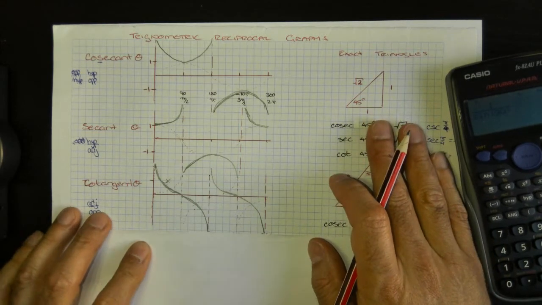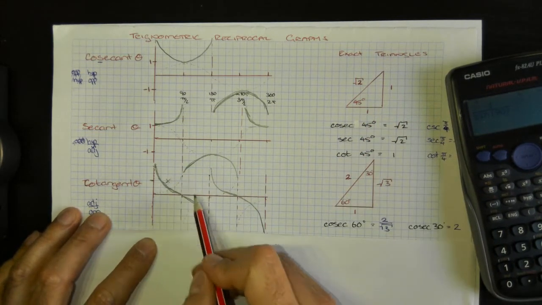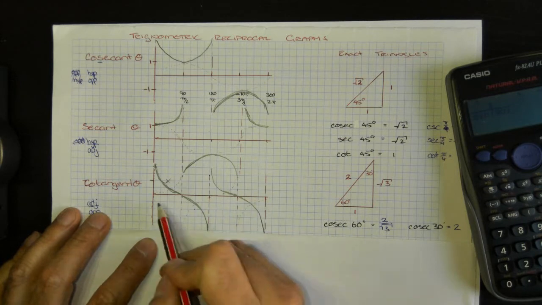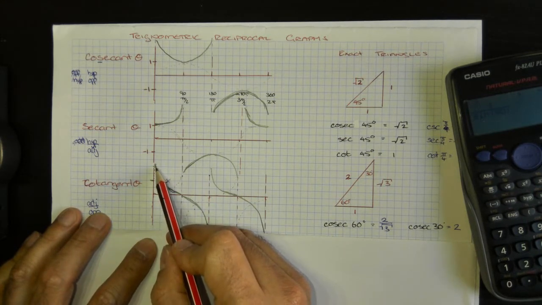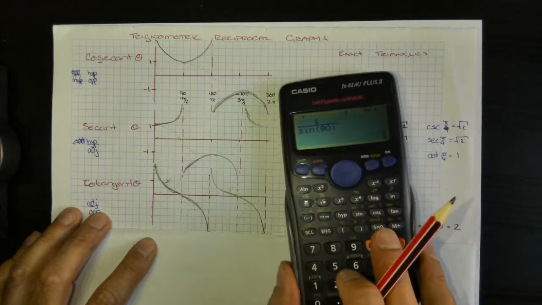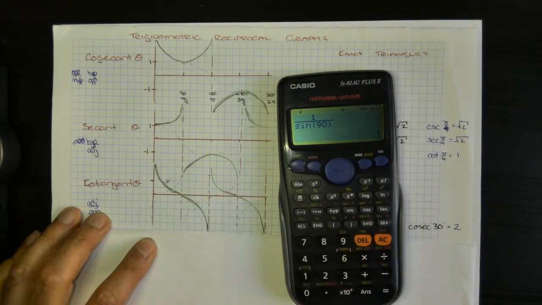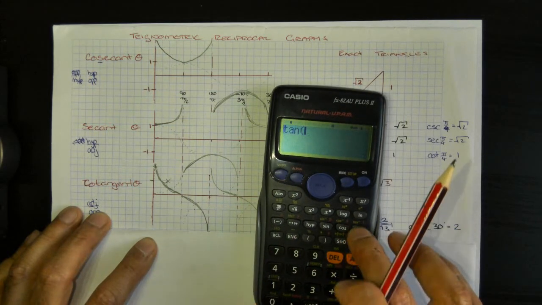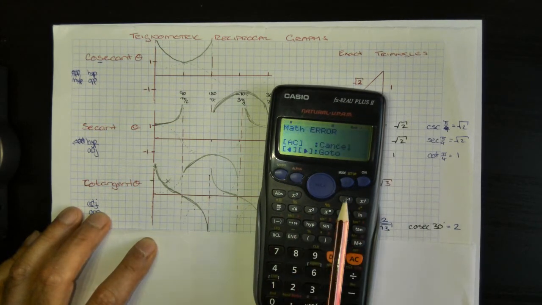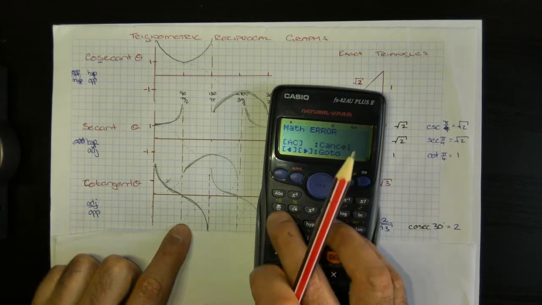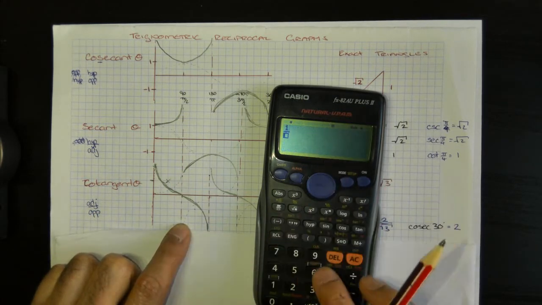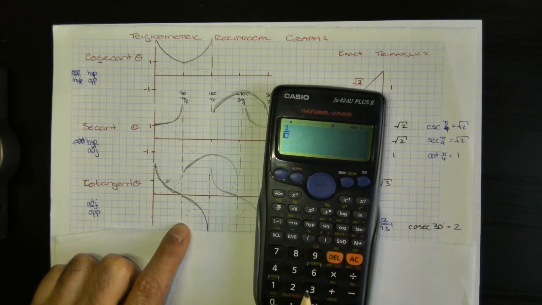With tan, I've sketched in the tan curves. Now, remember that tan of 90 is undefined. So at 90, if I wanted to do 1 divided by an unknown number, I can't really do that.